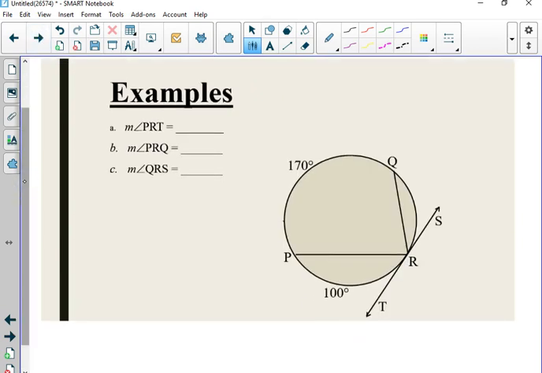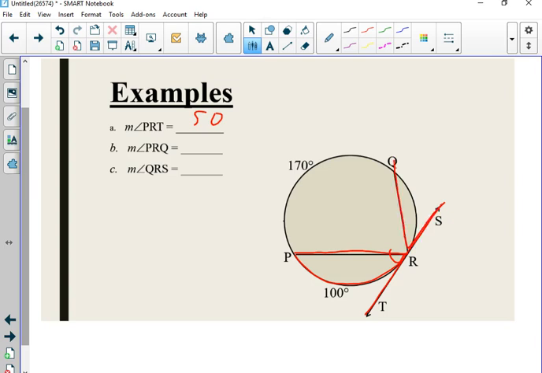Okay, last but not least, PRT. Well, here's my chord. Here's my tangent. So we're trying to find this angle right here. Well, this angle is going to be half of this intercepted arc. So that makes that 50. I'm going to skip to QRS.